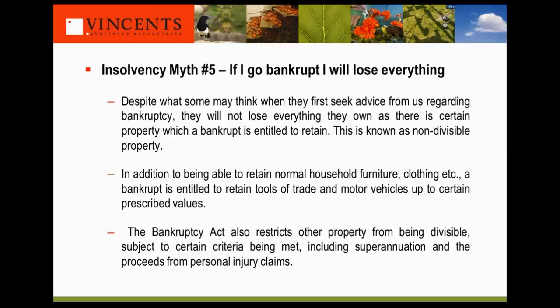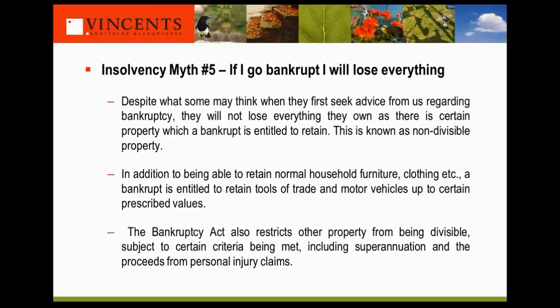If they're under a certain value, then we tend not to, or we're not able to recover those items. And if they are above a prescribed value, which I think is around about $3,600 at present, we generally negotiate with the bankrupt to pay an amount into the estate to essentially buy those tools back.